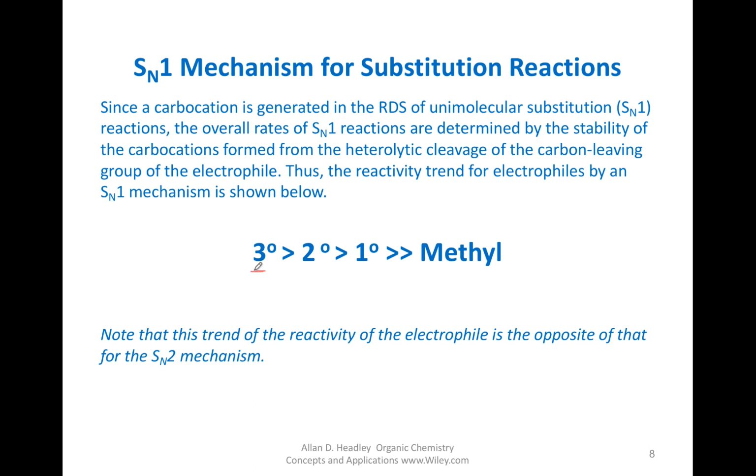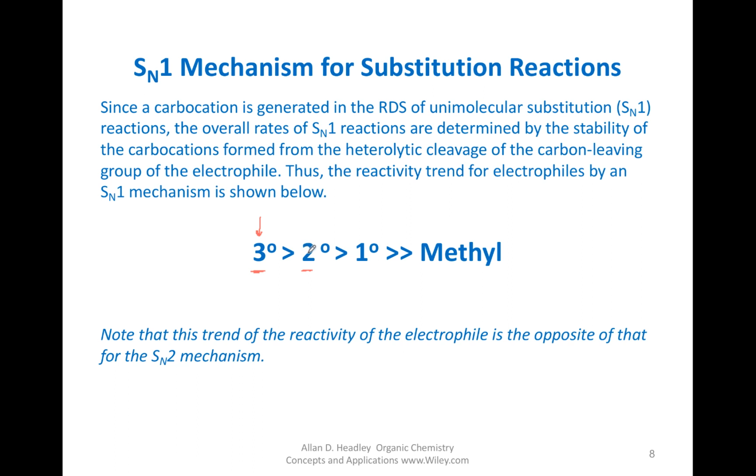So on the next slide we have a summary. If the carbocation generated is a tertiary, it is very favorable because tertiary carbocations are very stable. If the carbocation generated is secondary, it's reactive, but not as reactive as a tertiary carbocation.